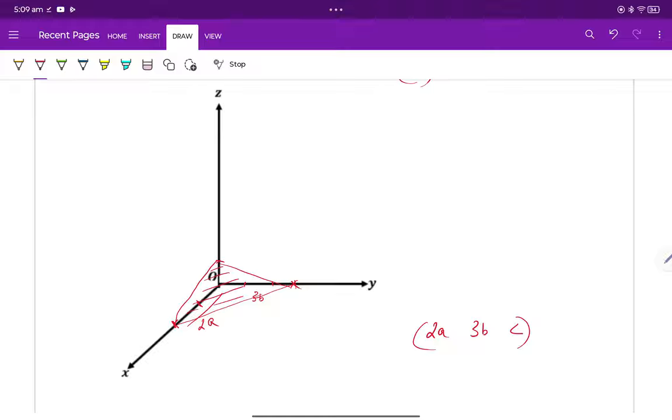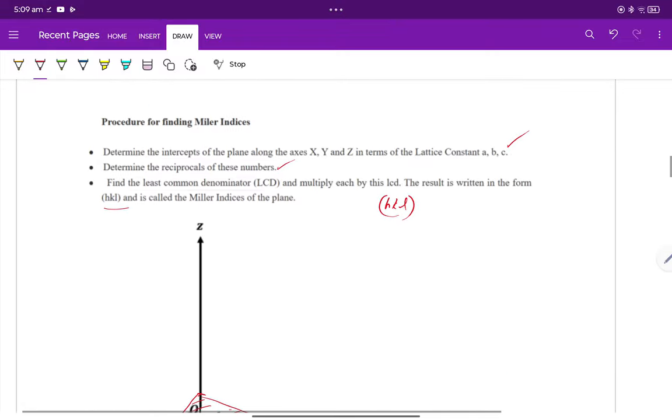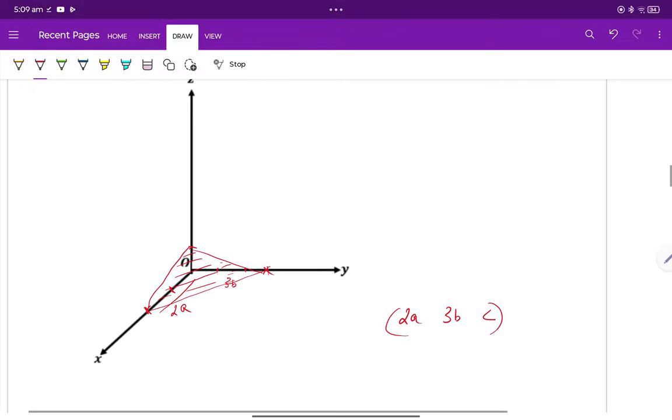Now we have to have a crystallographic notation, which is called the Miller index. How can we denote this in the Miller index? As you have seen the procedure, let us go one by one.